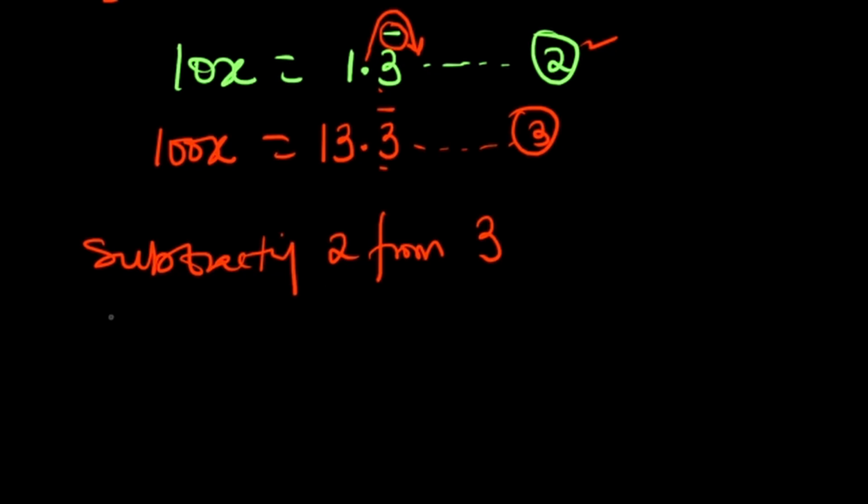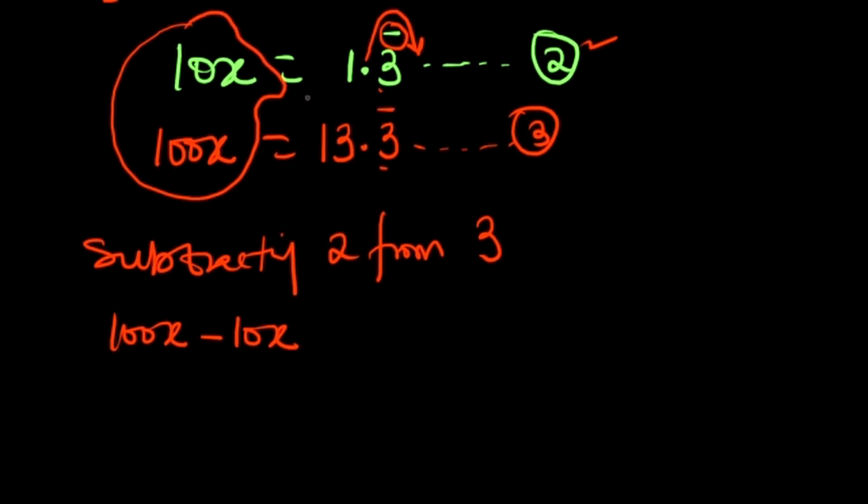We now have 100x minus 10x, okay? So you subtract the left-hand side together, since they are like terms, and you also subtract the right-hand side together. This is equal to 13.3 minus 1.3, okay? Don't forget the bar.